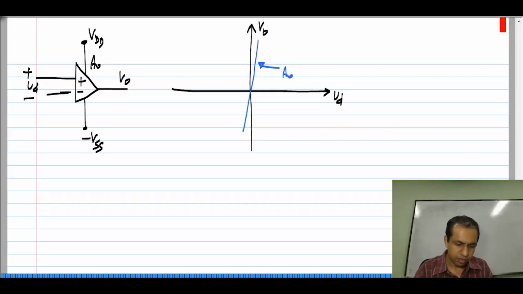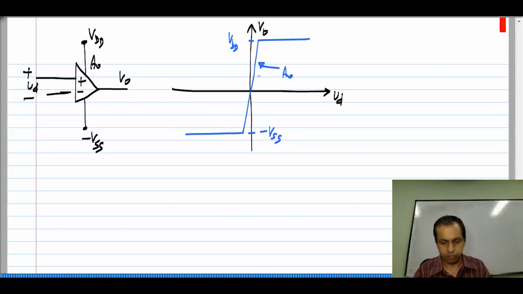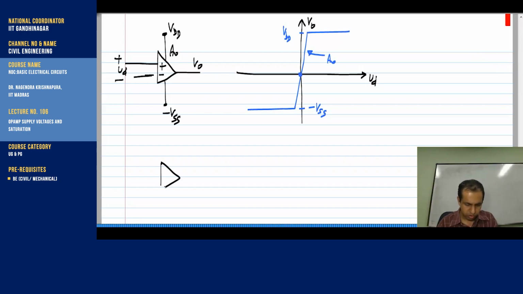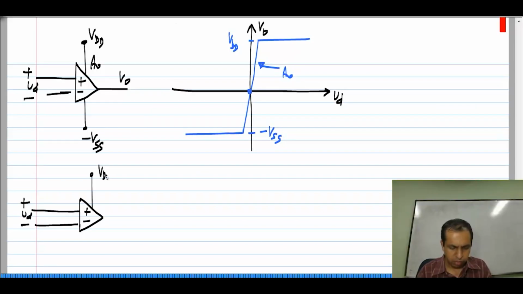Okay. On the upper side it will be limited to VDD, and on the lower side it will be limited to minus VSS. Okay. So, this is the characteristic of the op amp. Now, if we are talking about an ideal op amp, there are many cases in which we consider the slope here, the gain of the op amp, to be infinite, but still we want to judge the effect of having power supplies which are not infinitely large.